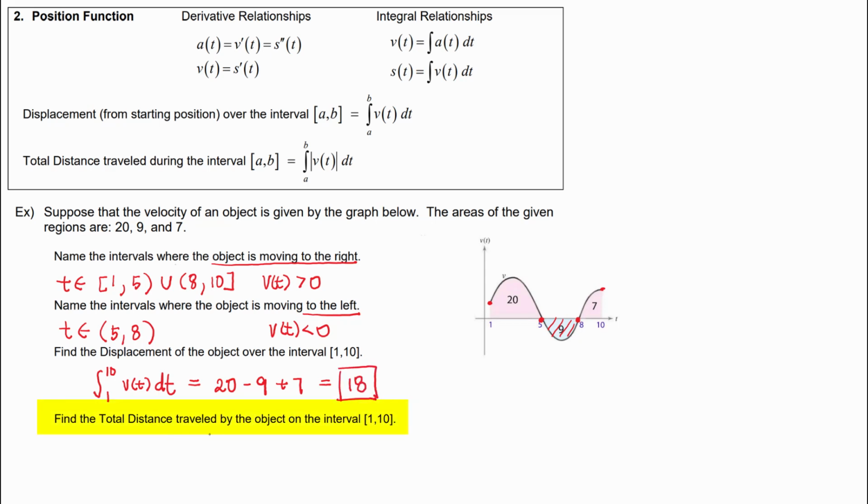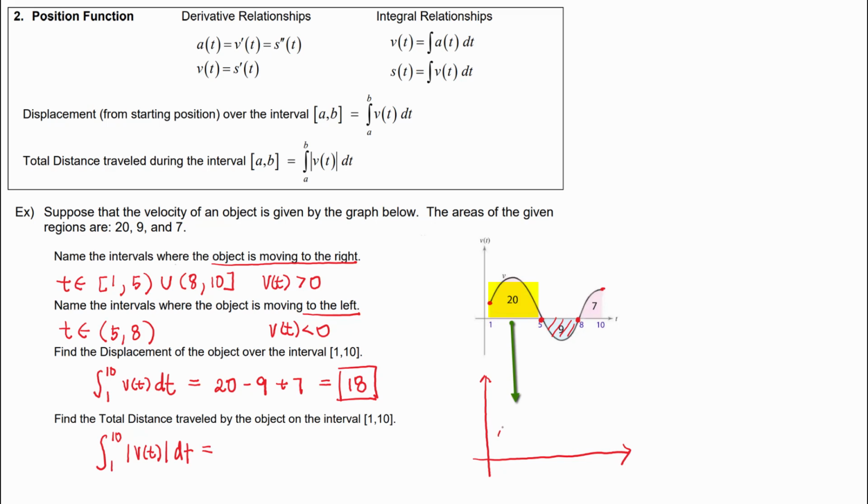Find the total distance traveled by the object on the interval 1 to 10. Total distance during the interval 1 to 10 is the integral from 1 to 10 of the absolute value of v of t dt. What is the absolute value of v of t? If you look at this graph, when you take the absolute value of a positive, it stays the same.